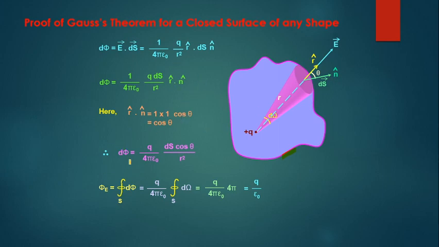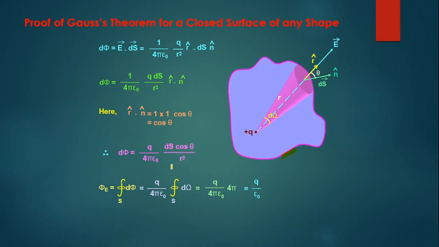So r cap dot n cap is equal to cos theta. Substituting these values, d phi is equal to 1 divided by 4 pi epsilon naught, q ds cos theta divided by r square. This is the electric flux d phi due to the small area element ds. The total electric flux due to the whole surface is calculated by integrating d phi over the closed surface, equal to 1 divided by 4 pi epsilon naught, q times the integral of ds cos theta divided by r square.